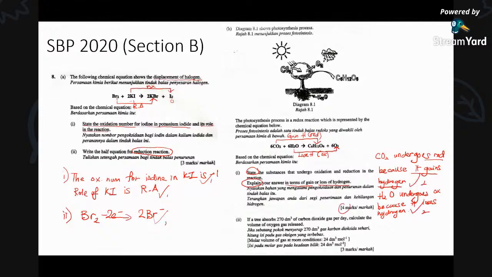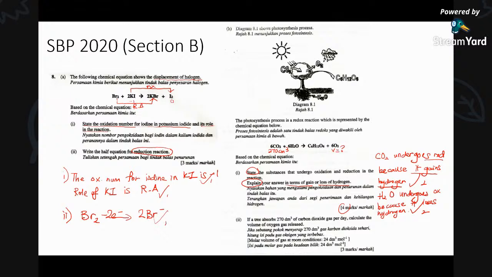Okay, question number 2. This one is calculation. If a tree absorbs 270 centimeter cube of carbon dioxide gas per day, calculate the volume of oxygen release.